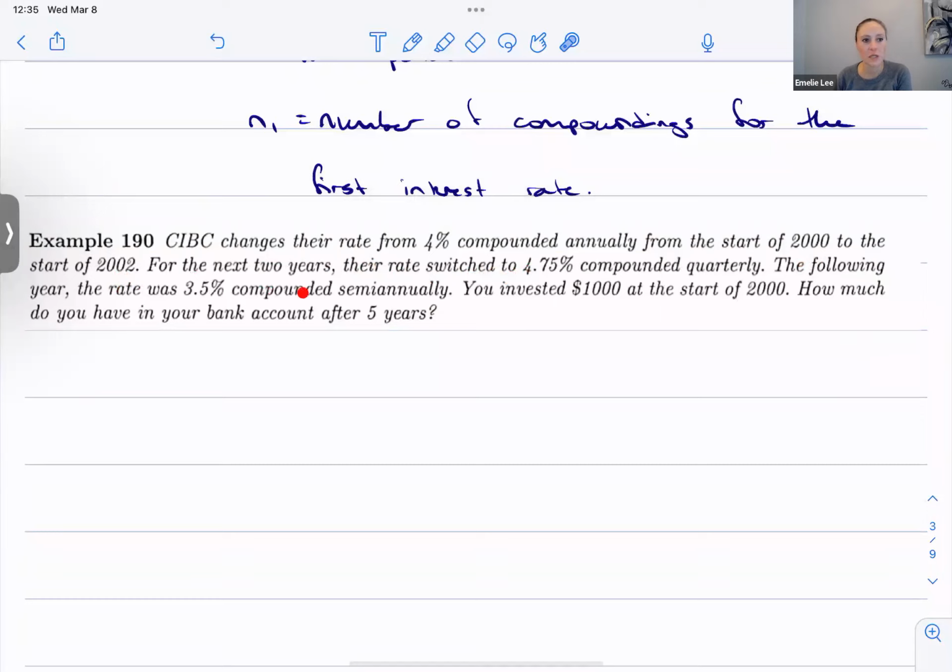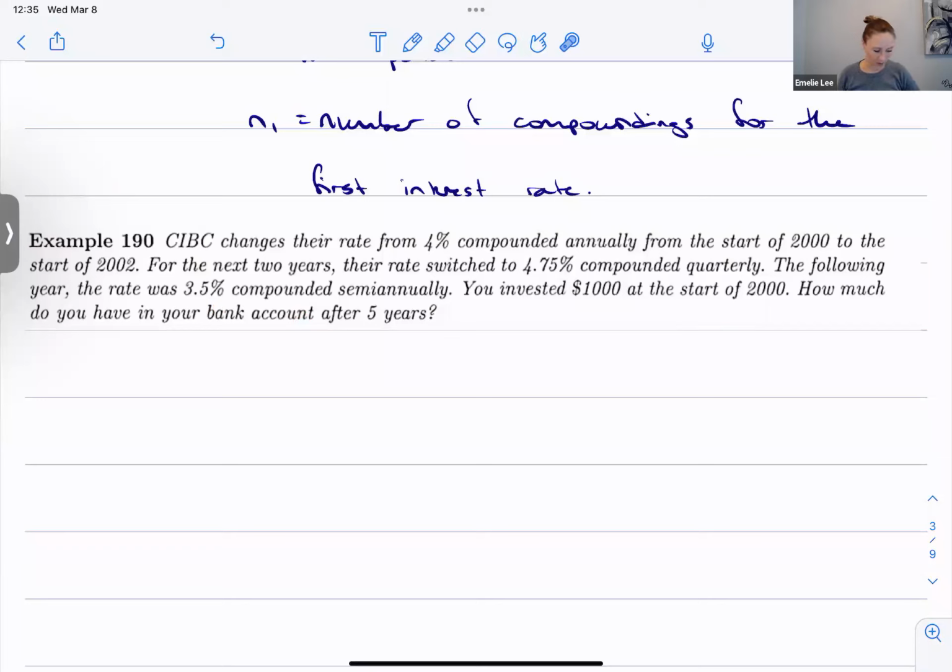For the next 2 years, their rate switched to 4.75% compounded quarterly, right? So the compounding frequency can change as well. The following year, the rate was 3.5% compounded semi-annually, again changing. You invested $1,000 at the start of 2000. How much do you have in your bank account after 5 years?